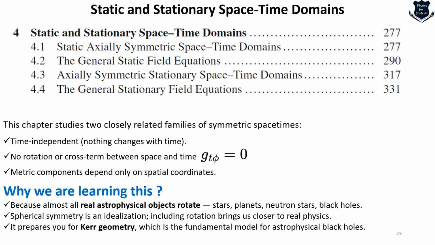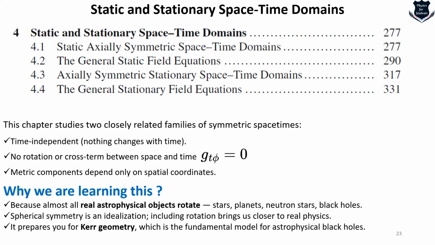So why are we learning this? We are learning this because almost all real astrophysical objects, stars, planets, etc., rotate, and spherical symmetry is an idealization. As you will see within a few minutes, it prepares you for the Kerr black hole or the Kerr geometry, which is fundamental and which is rotating.